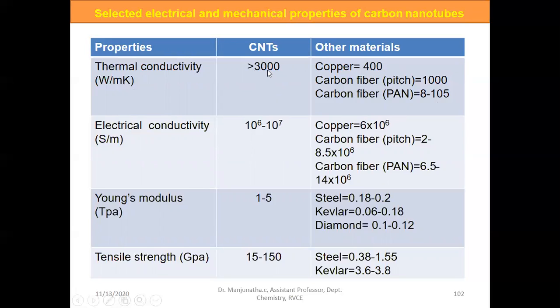That's why CNT is a wonderful material. Look at the electrical conductivity, almost equal to copper, 6 into 10 power 6, and also 10 power 6 to 10 power 7. Very, very high, equal to metals. Young's modulus 1.5. Look at this, steel and diamond are very low compared to CNT. Tensile strength 15 to 150, but even steel and Kevlar, the strongest material, are nowhere near that of CNT.